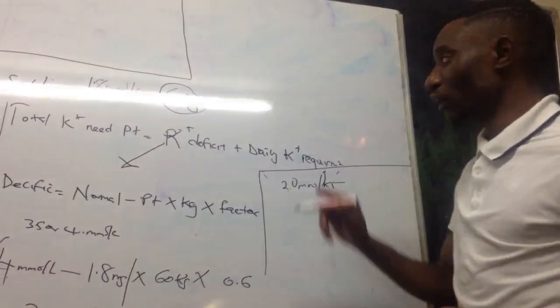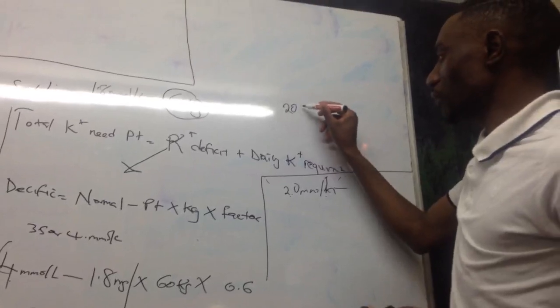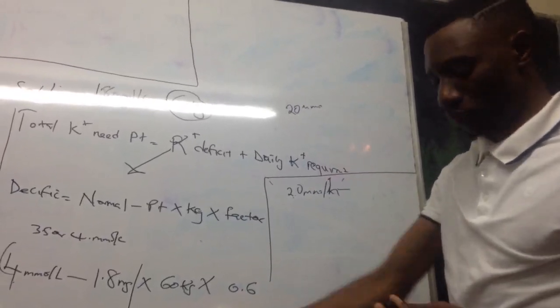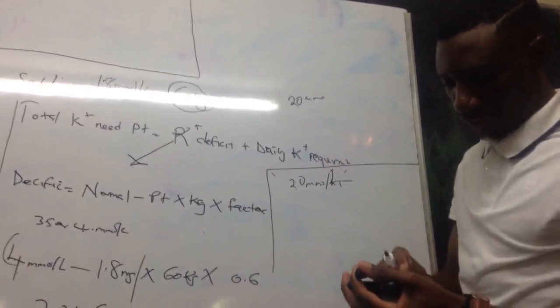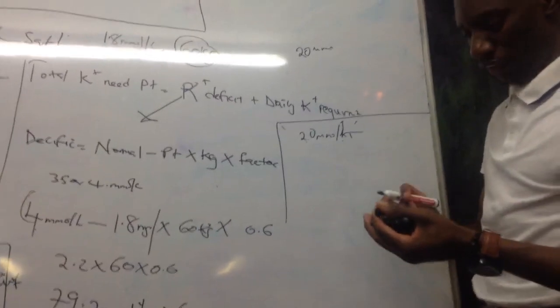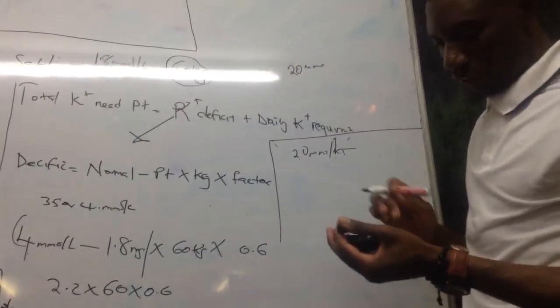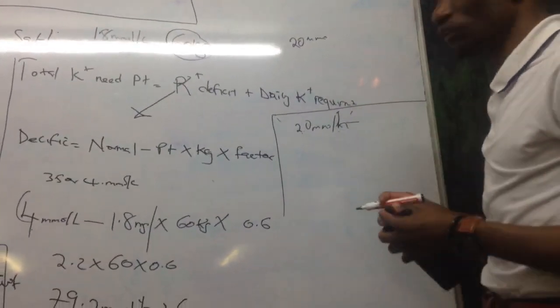The injection ampules contain 20 millimoles of potassium each. If you divide 140 by 20, you get 7 ampules that you need to give. Now, how do you give the drug?